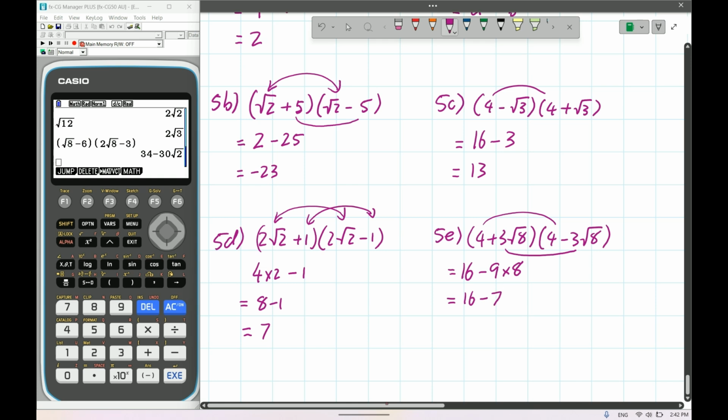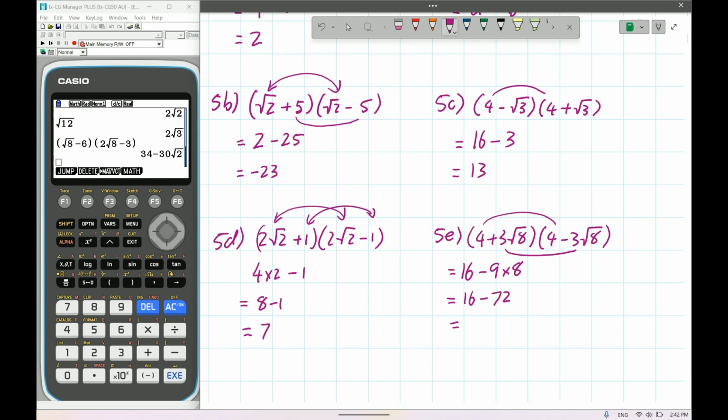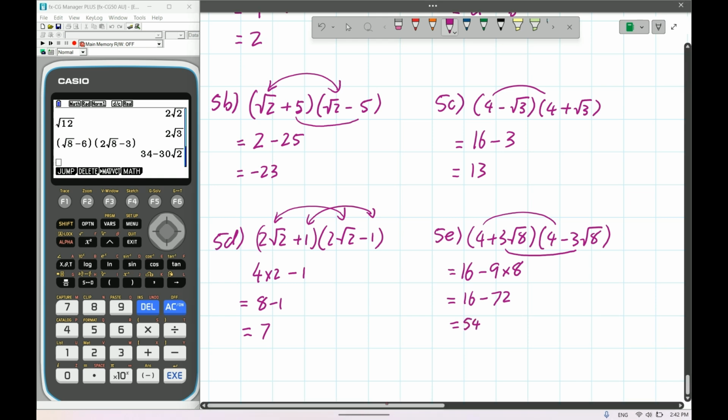So minus 72. And 16 minus 72, just making sure I don't make any mistakes. 54, I think. Sorry, 56. My apologies. Yeah, 56.